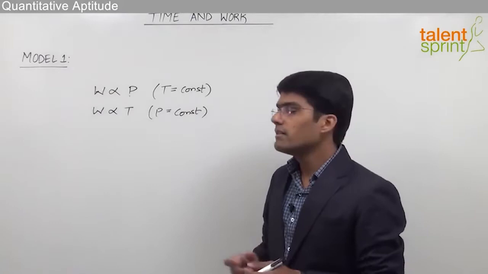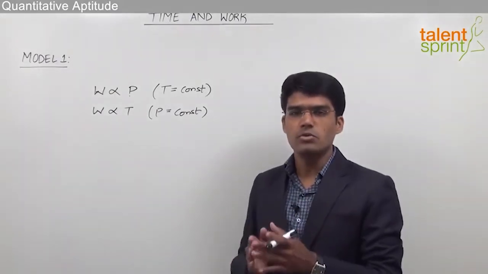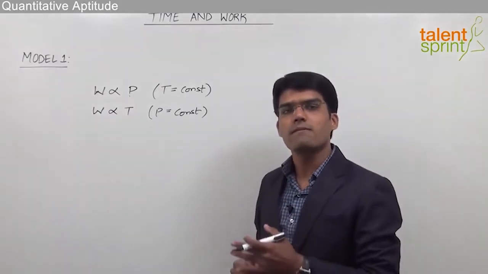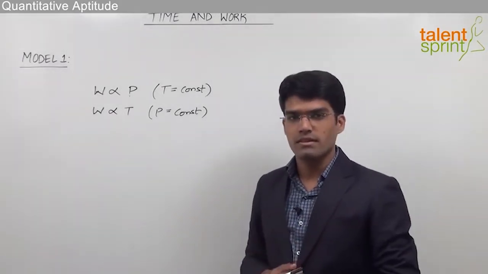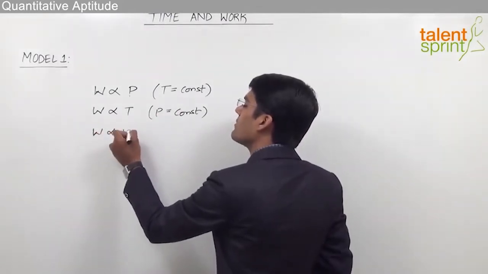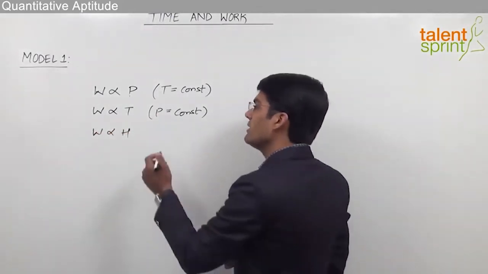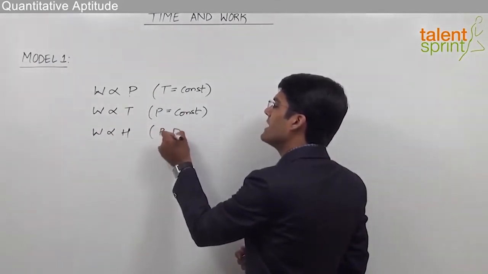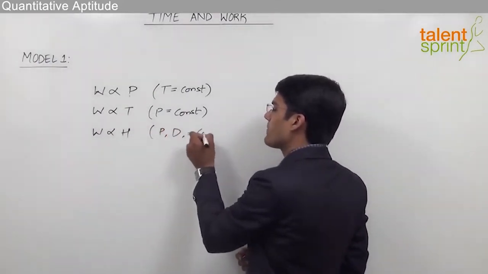As we have already learned, the time here can be classified into two things. That is the number of days for which the work is done and the number of hours per day for which the work is done. So this can again be separated as work is proportional to the number of hours per day when the other variables are constant. That is the number of persons and number of days for which you work.